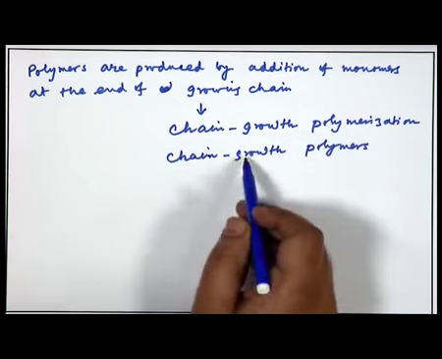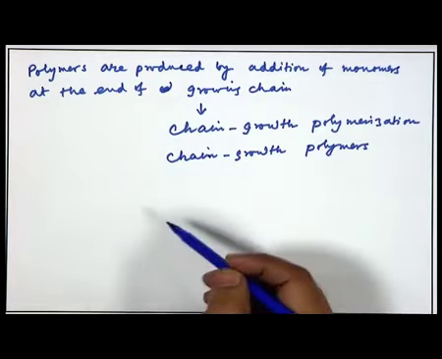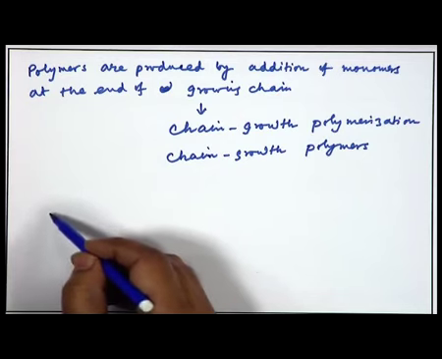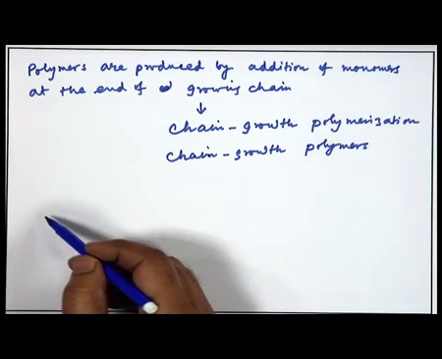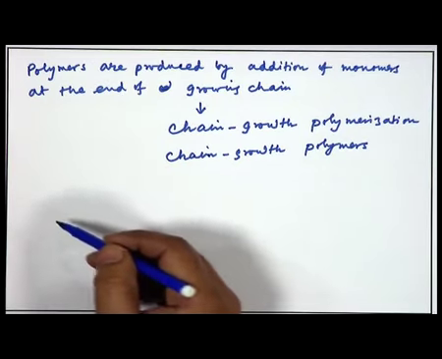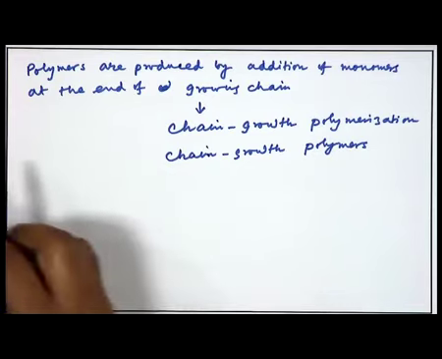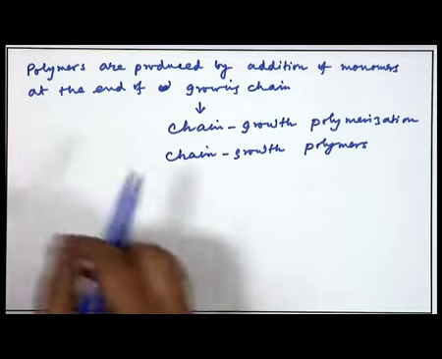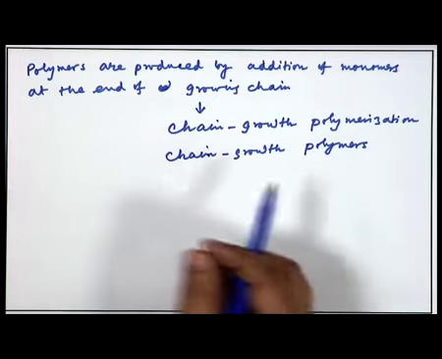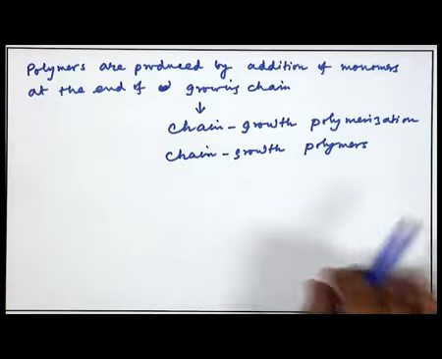So, the name itself suggests how the polymer is forming. It is forming like a chain, you know, the necklace beads, one after one. So, basically you start somewhere, you know, just as you have seen the women who make those necklaces at home, and you can see that they add one after one those beads in the string, forming the mala or necklace, whatever you call.